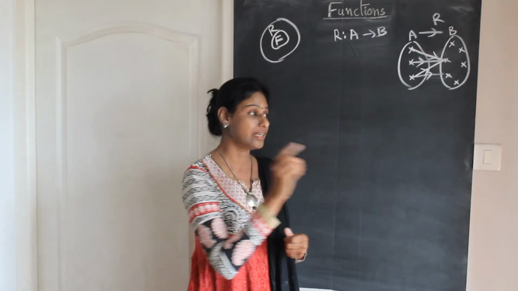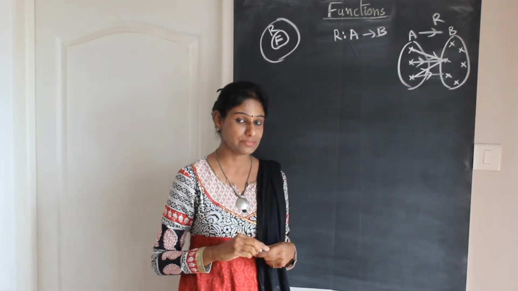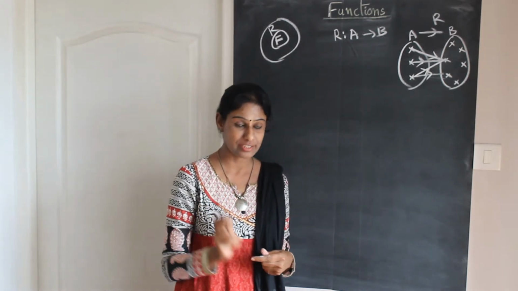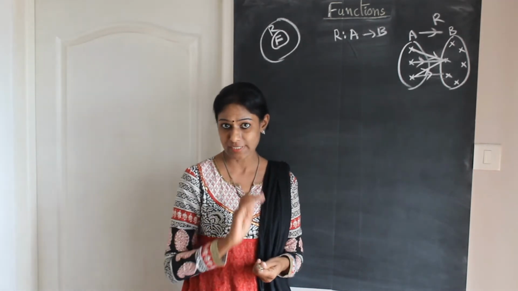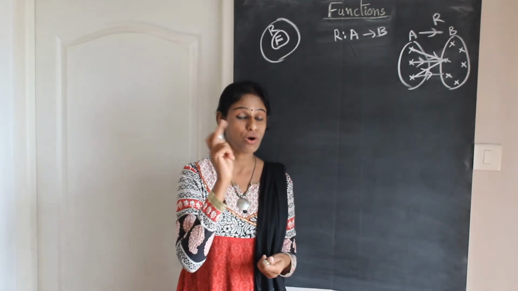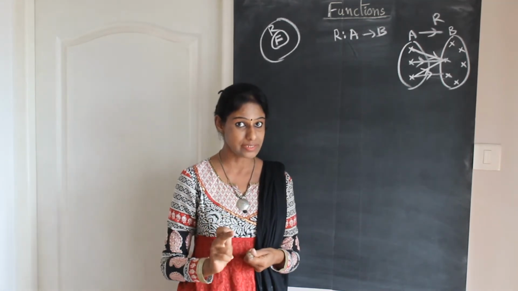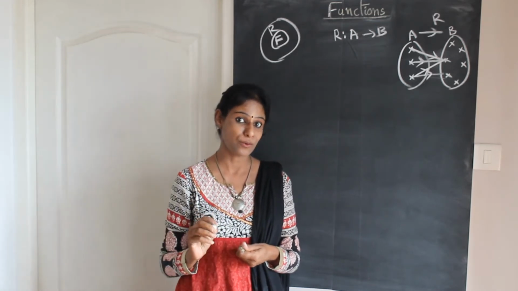But the unique condition is not satisfied because the third element has two images, which is against the definition of a function. So a unique image is not there, therefore this is a relation but not a function. Hope it is clear for you. So two conditions: all the elements of the domain must have images, and each element has a unique image in the codomain.